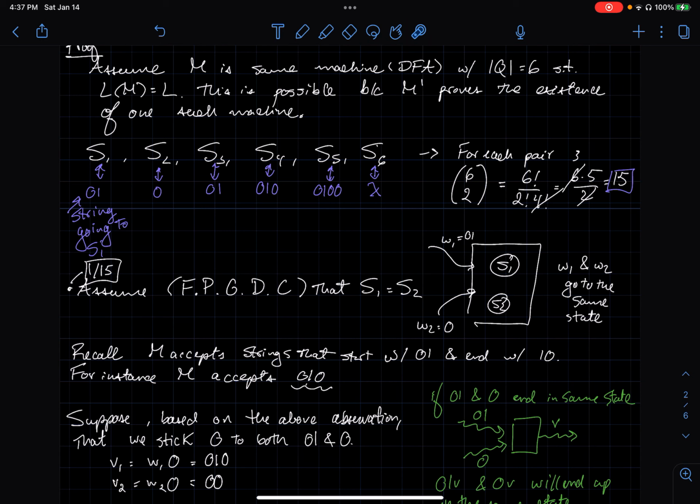That's in L, so that should be in a final state. But any of the other strings, say 0, 1 concatenated with lambda, that's still 0, 1. That's not in L, and so that should not end up in a final state, right? So right there, I eliminated 5 pairs very quickly, okay?